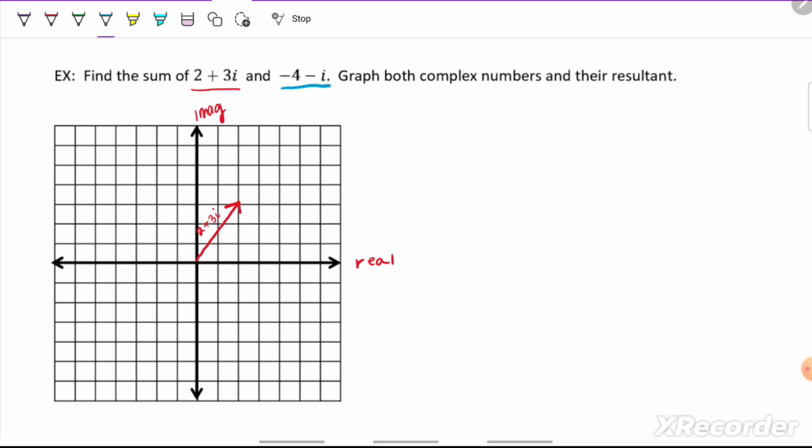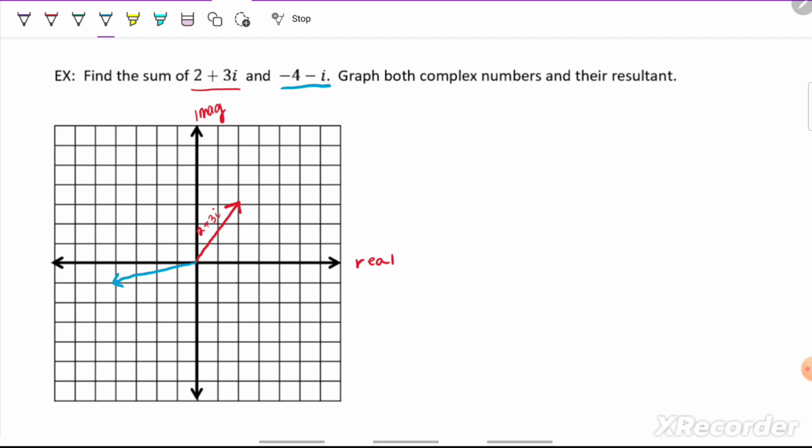Then negative 4 minus i. I'm going to go 4 in the negative real direction, so that's to the left, and then 1 in the negative imaginary direction, that'll be down. And there's my second complex number.